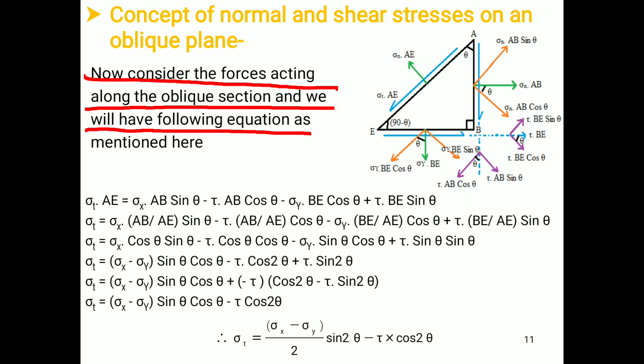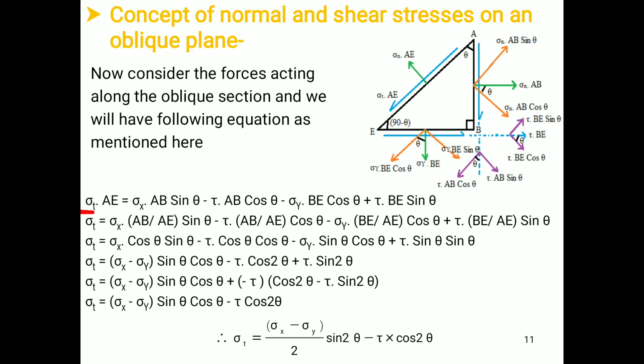Therefore we will have sigma t times AE. Remember that sigma t is the shear stress acting along the oblique plane. Sigma t into AE is equal to sigma x AB sin theta minus tau AB cos theta minus sigma y BE cos theta plus tau BE sin theta.